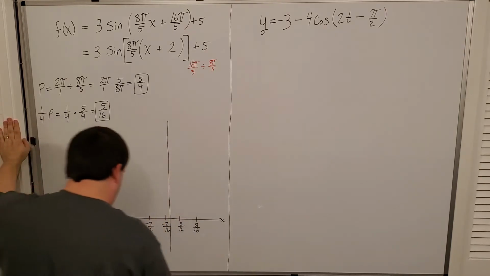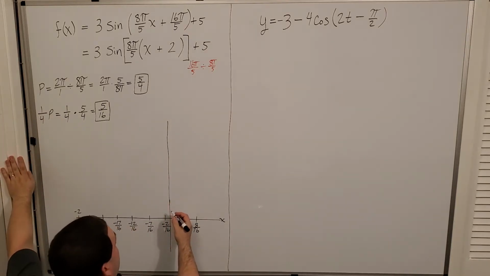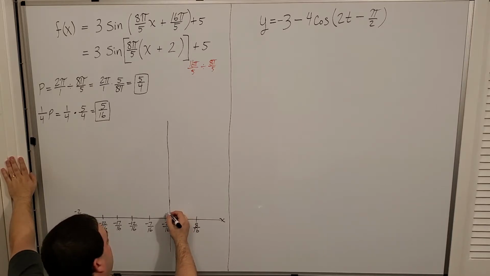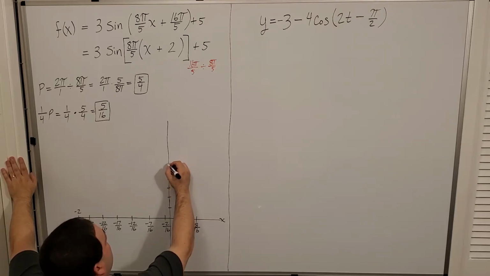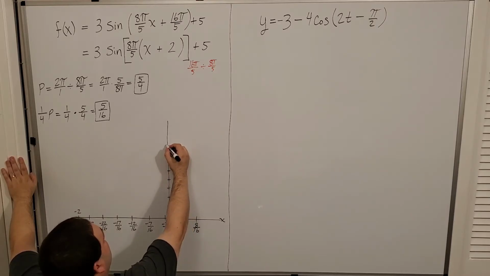Then I'll have to count these out. Okay, so 1, 2, 3, 4, 5, 6, 7, and 8.